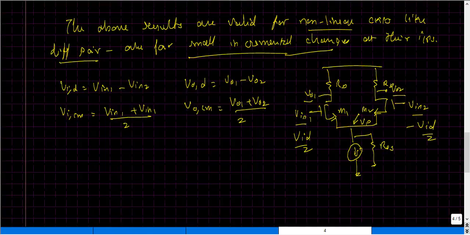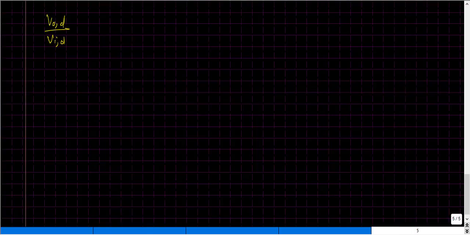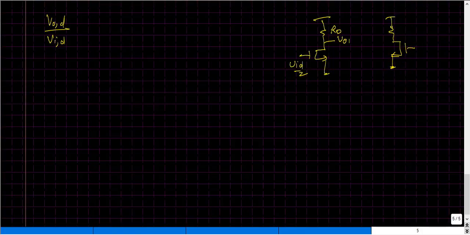Now this particular circuit would actually get transformed into a CS amplifier with VID by 2 at this input, and here is my VO1 and RD, and there is one more circuit with the gate being driven with the negative value of VID by 2, and the output is VO2.